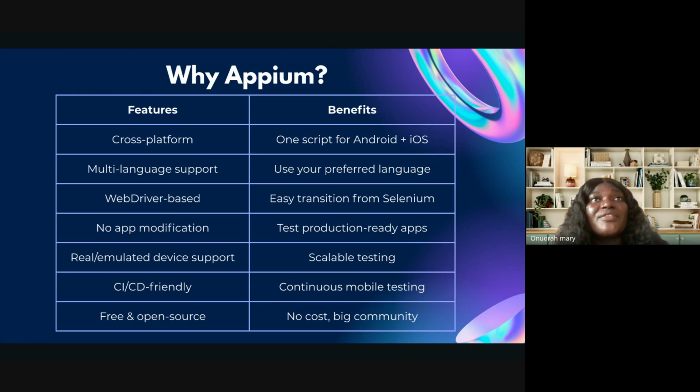If you're comfortable with Java, you can use Java. If you're comfortable with JavaScript, you can use JavaScript. Python, C#, whatever language you're comfortable with, you can use. There's also Ruby. C# is the same as .NET. So you can basically use any of the languages, and it supports that 100%.